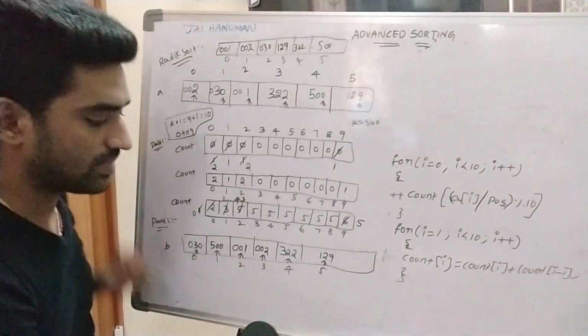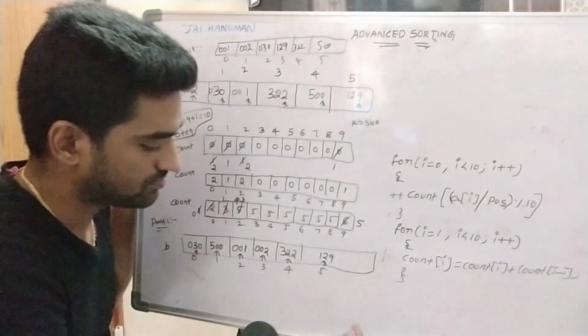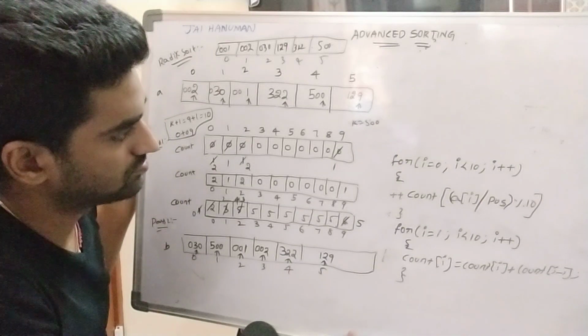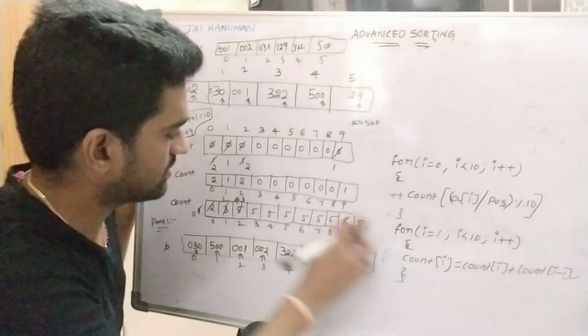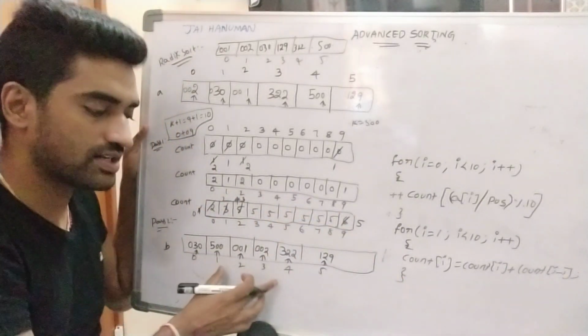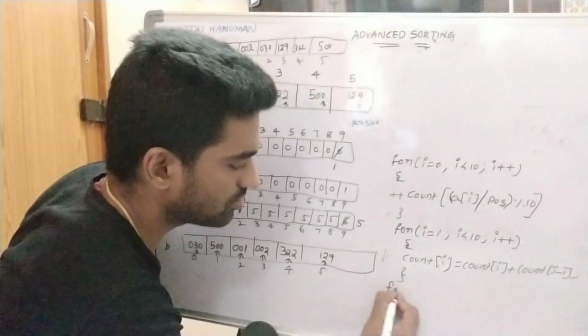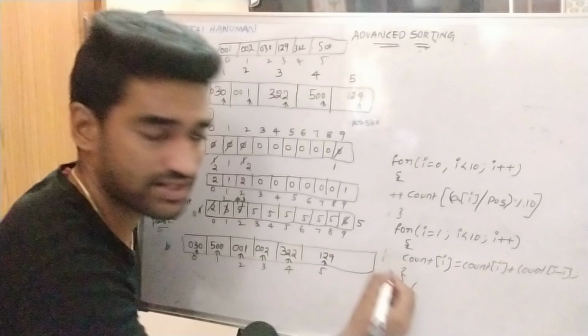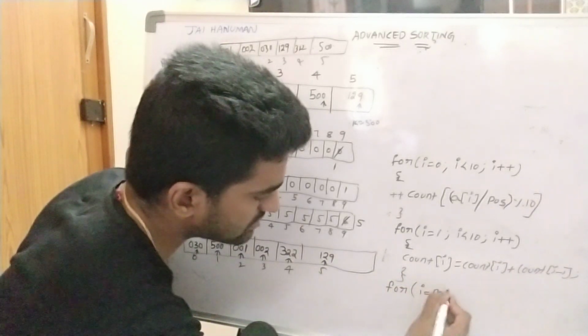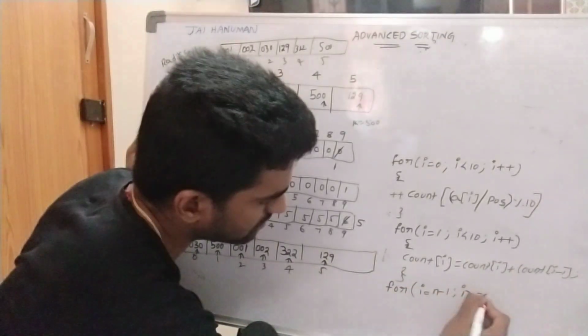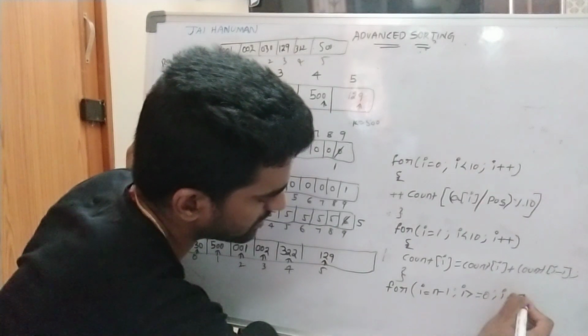So here I is equal to, so for this updation, right? Now we are generating the output array. For that purpose a loop is written which starts from n minus 1. So I is equal to n minus 1, I greater than or equal to 0, I minus minus.